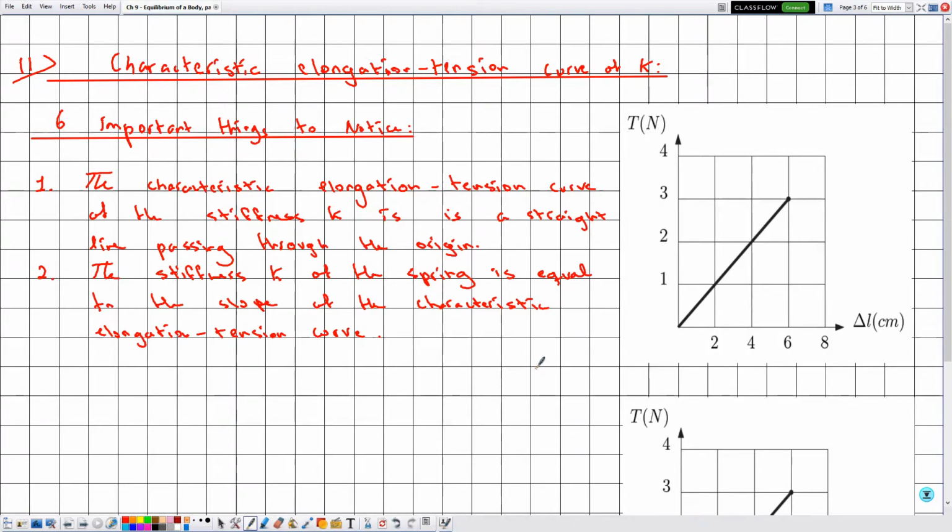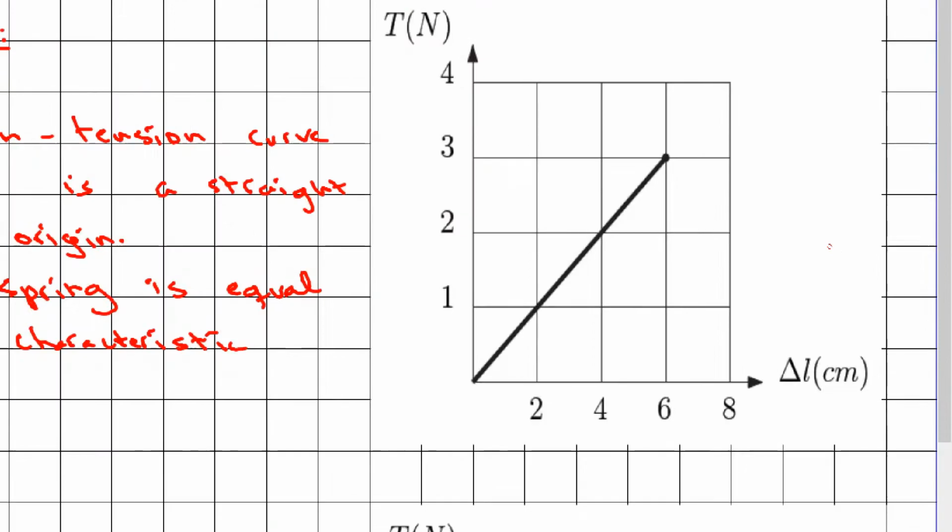Then recall in the case of a resistor, we used to say the resistance of the resistor R is equal to the slope of the characteristic current voltage curve, because this was labeled by the current, this was labeled by the voltage.